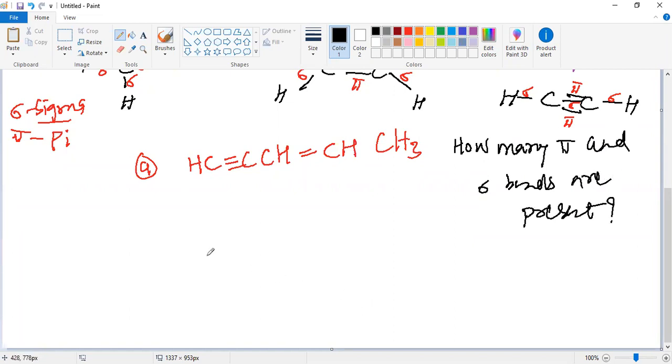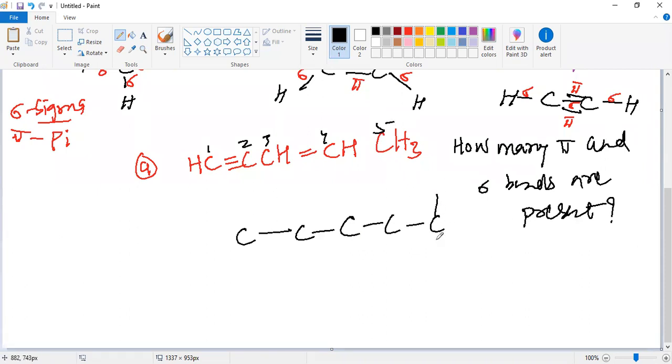So please understand, my dear students, that this type of compound we will have to turn into a complete structure. So let us find out how many carbons: 1, 2, 3, 4 and 5. So we will have a chain of 5 carbons.